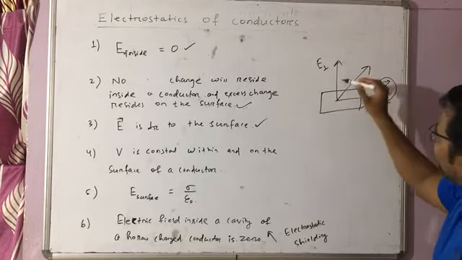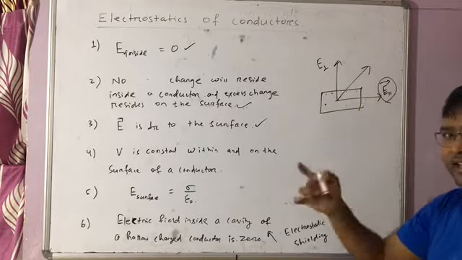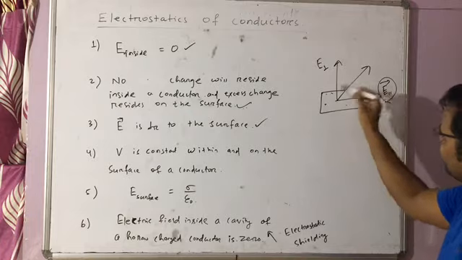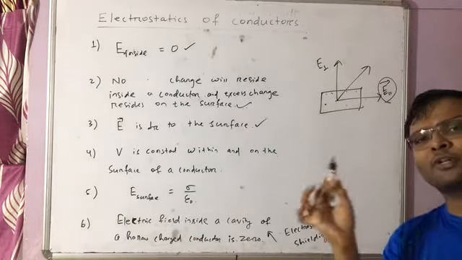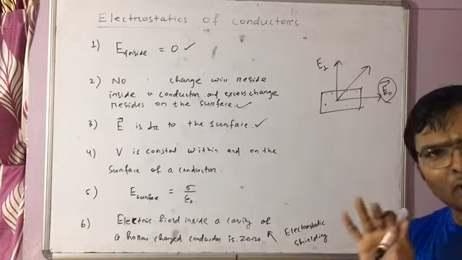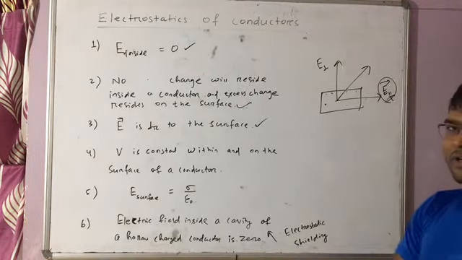Because of this parallel component, the free electrons that usually reside on the surface of a conductor will try to move and constitute a surface current. And that surface current we have not observed till date. That's why this parallel component won't exist.